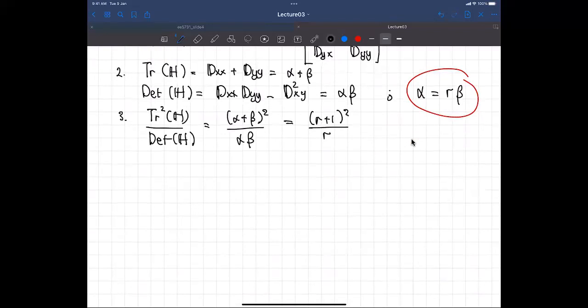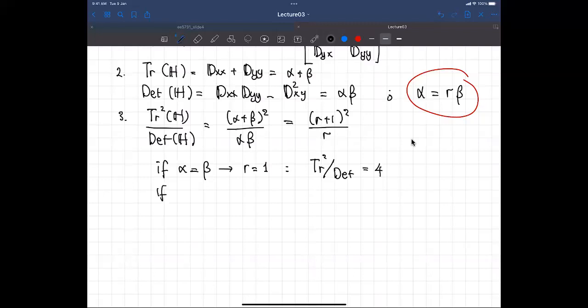Now, based on this, we can do some verification. If alpha equals beta, then R equals what? 1. If R equals 1, then the ratio trace of H squared divided by determinant of H equals 4. So if it's really a perfect corner, then the trace squared divided by the determinant equals 4.